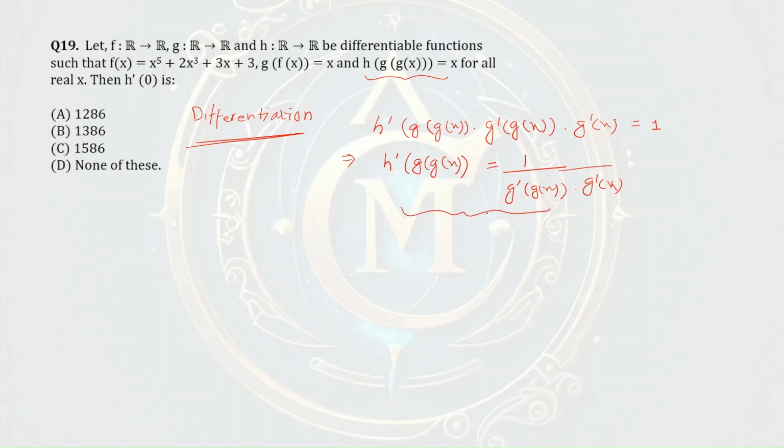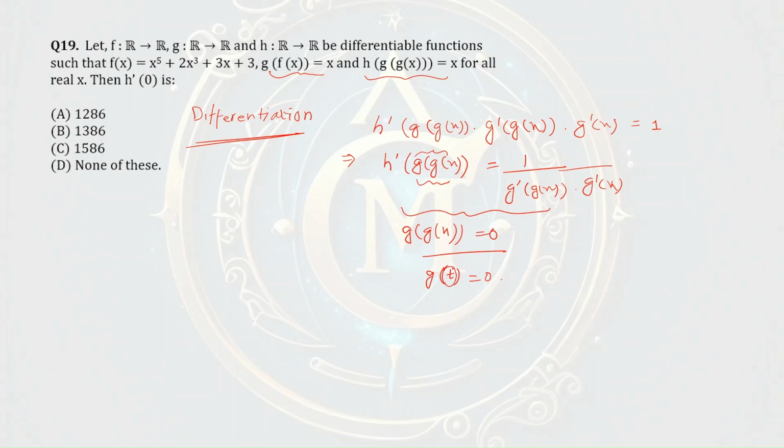Now this is the relation. Now we have to somehow put this g(x) equal to 0 such that here a 0 is created and we get the value of h dash of 0. Now how to find g(x) equal to 0? Then we have to use this information. Now consider this relation as a functional relation, that is g of t equal to 0 for some t.